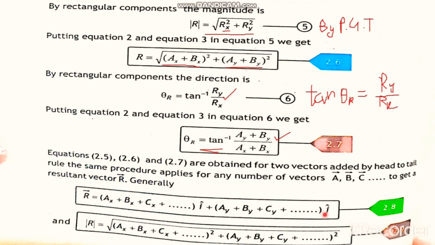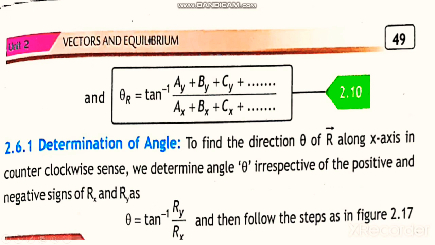This will be the resultant vector R, and the magnitude R is equal to the square root of (Ax plus Bx plus Cx) whole squared plus (Ay plus By plus Cy) whole squared. And theta R will be equal to the resultant y component Ry, which is Ay plus By plus Cy and so on, divided by Ax plus Bx plus Cx. The resultant x component will be the sum of all the x components of vectors A, B, C, D.